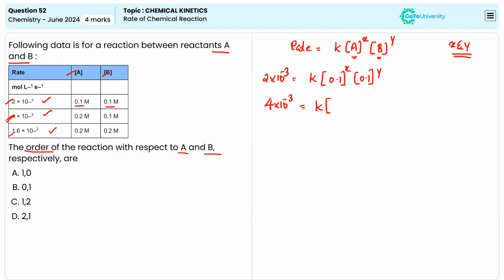Even if you change the concentration of the reactants, the rate constant will not change; it depends on the temperature. So I am writing 0.2 raised to X, 0.1 raised to Y.